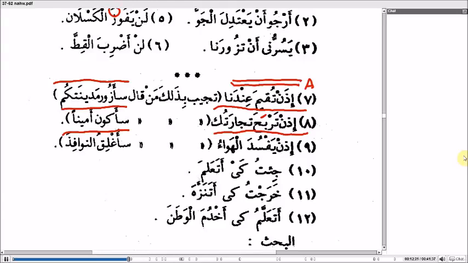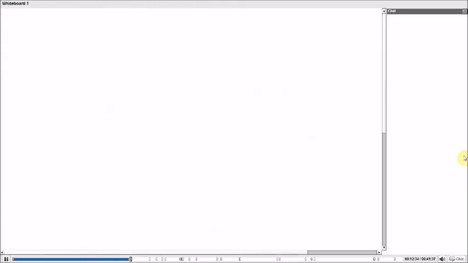So idhin is an answer. Idhin is an answer to someone who makes a statement. Idhin means then or therefore. Idhin with the noon, and idhin with the alif. Idhin with the noon is a nasib to a fi'l mudari, whereas idhin is not.